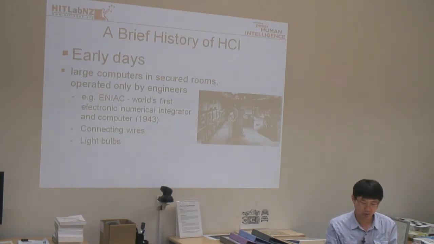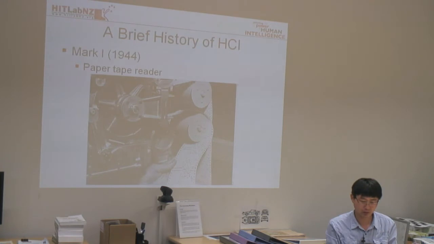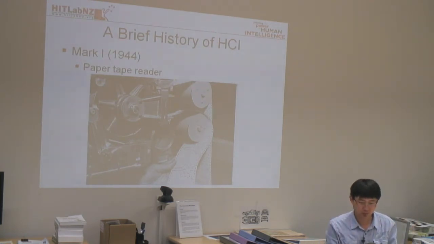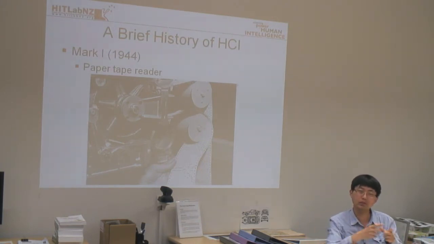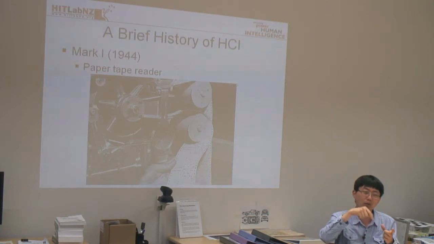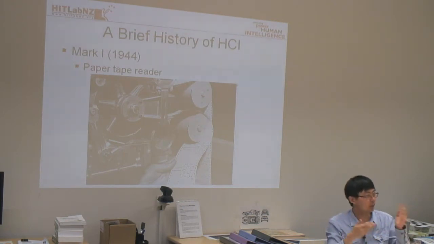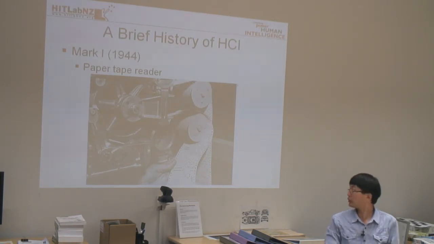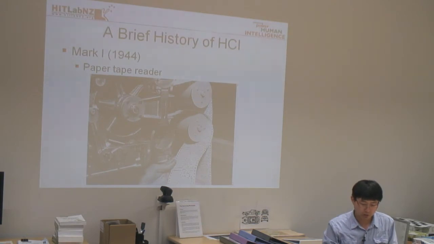Later on, to make it a little easier than wiring, they started to include a tape reader, which was basically a long reel of paper tape, and you had to punch a hole to represent the bits, zeros and ones, in each row, and then the computer read them either mechanically or optically.